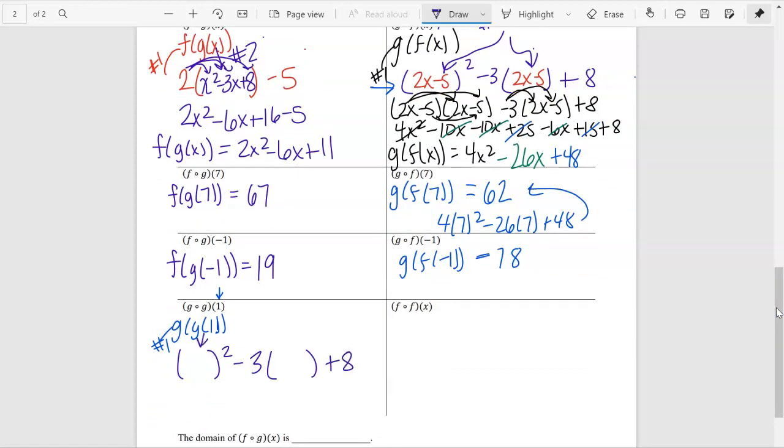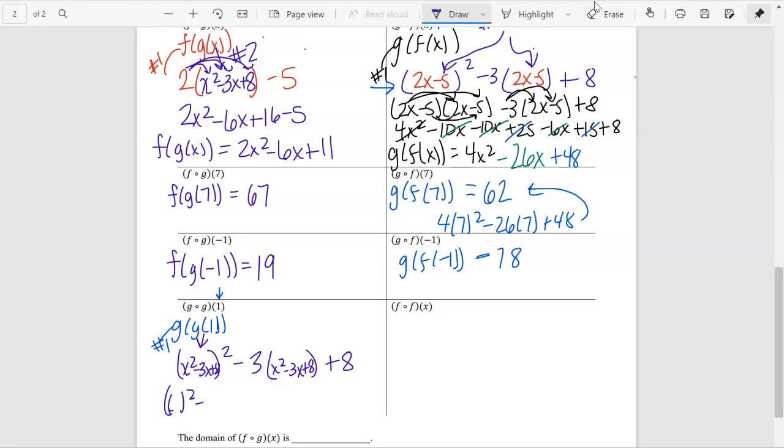Also, we're plugging this in here, so it would be x squared minus 3x plus 8, x squared minus 3x then plus 8. And since they're plugging in a 1, we would put 1 in all of these places where we have x.